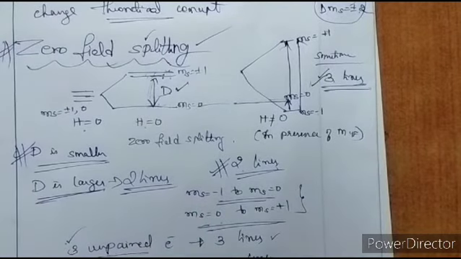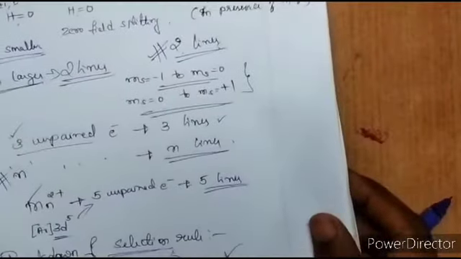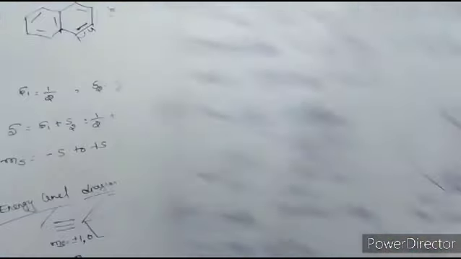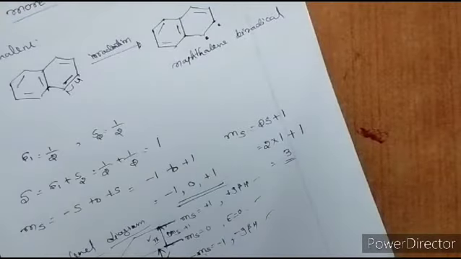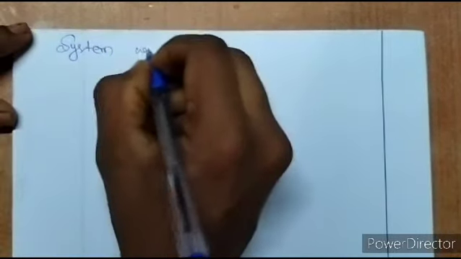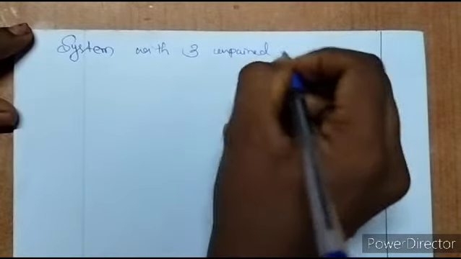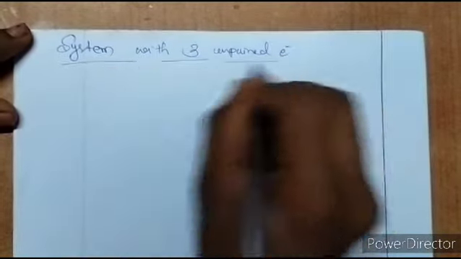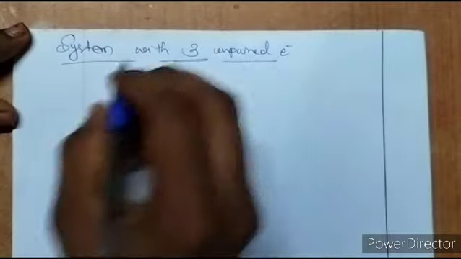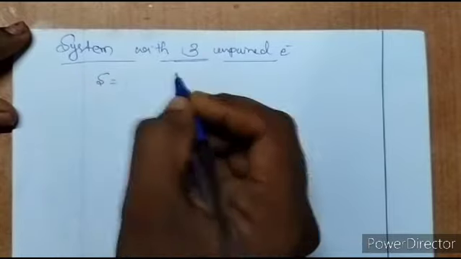Now we will see the system containing 3 unpaired electrons. So far we have seen the system with 2 unpaired electrons. If the system has 3 unpaired electrons, what will be the S value?